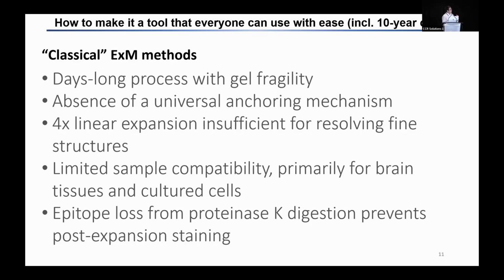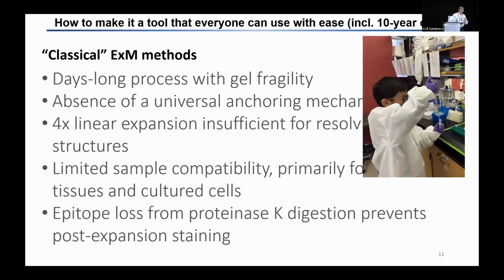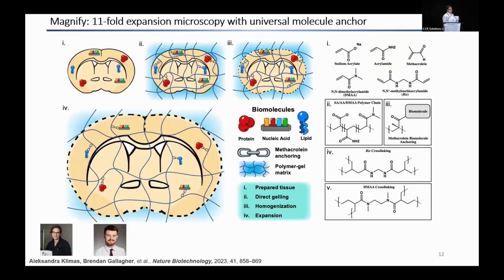So my question is, can we actually figure out some expansion microscopy method that even my son can do easily, and then also overcome all these problems? So the answer is Magnify. It's an 11-times expansion microscopy method with a universal molecular anchor. Actually, we eliminate the anchoring step. So the secret sauce is actually methacrolein, which is a molecule over there on the right side.